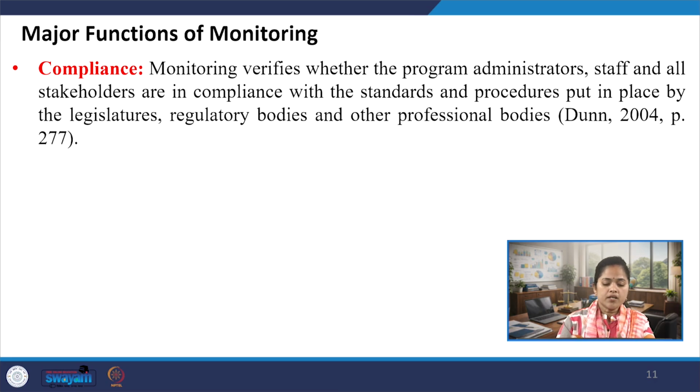So, the monitor verifies whether the program administrators, staff or other stakeholders are in compliance with the standards put forth by these bodies. That is the meaning of compliance: to what extent the implementing agencies are adhering to the existing standards and procedures, okay.